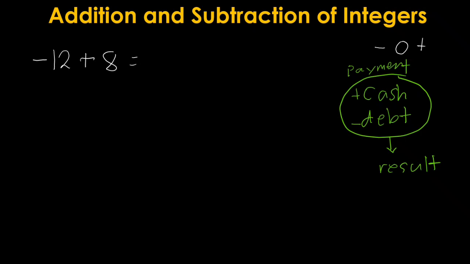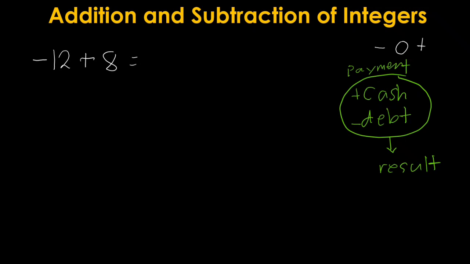Okay, now let's apply this to the operation here. Negative 12, just consider this as a debt. So you have a debt of 12, like you borrowed from someone, and it's payable. And the cash that you have is 8. Now the action that you need to do is to pay it.